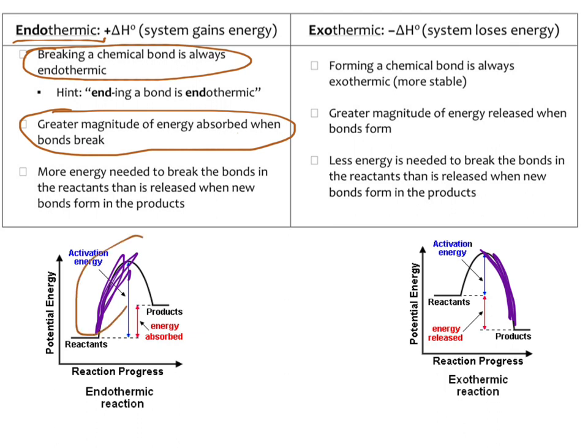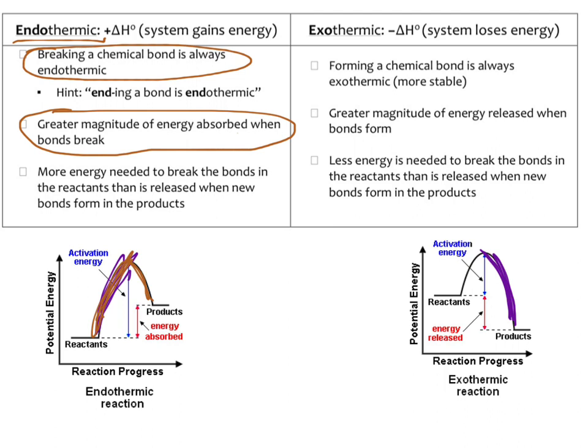So kind of like this. It's an endothermic process because there's a greater magnitude of energy absorbed when bonds break. And then you can see that more energy is needed to break the bonds in the reactants than released when new bonds are formed in the products. And so that's exactly here. So you can see there's more energy required to break the bonds. There's less energy released in the forming of bonds.